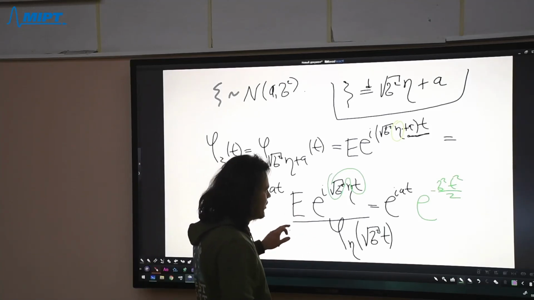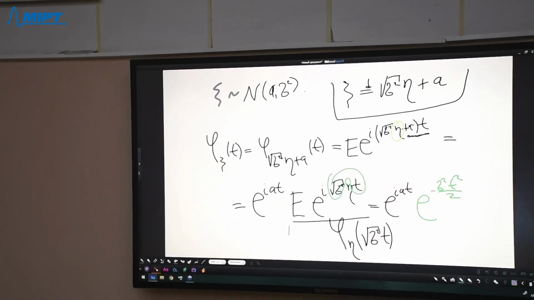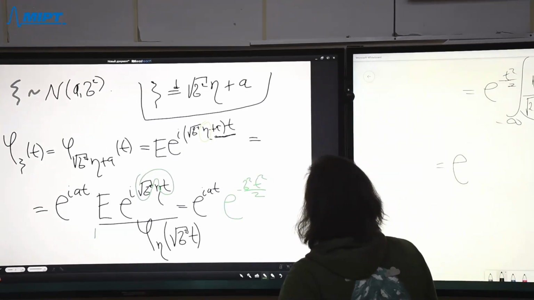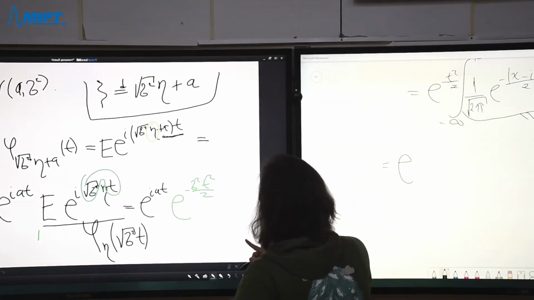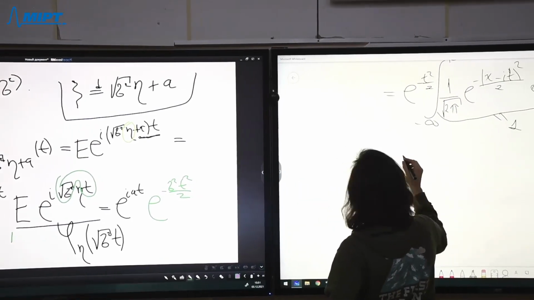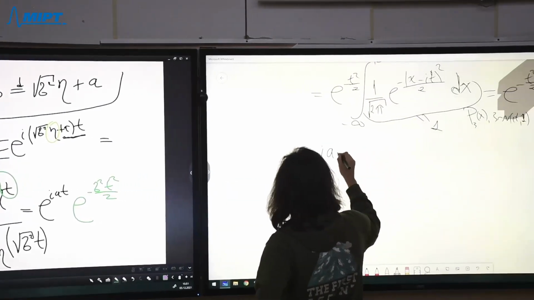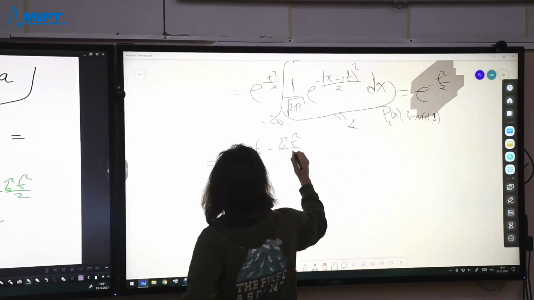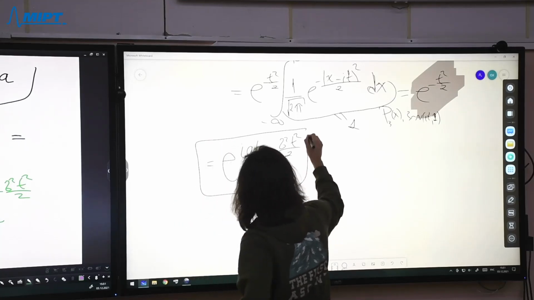So this is going to be equal to e to the, yeah, like this. Usually it looks like this.